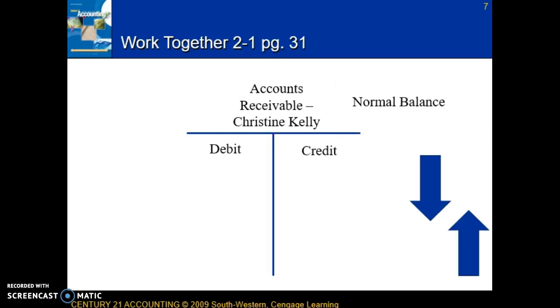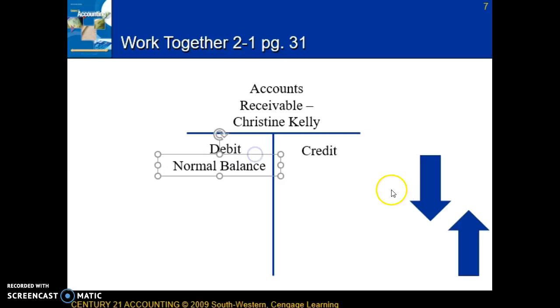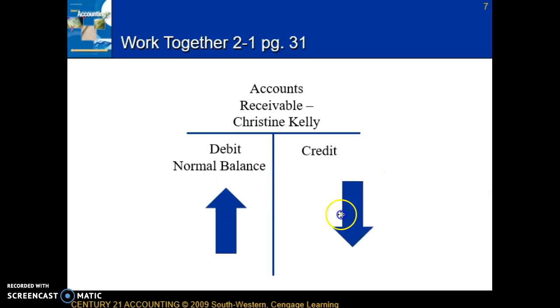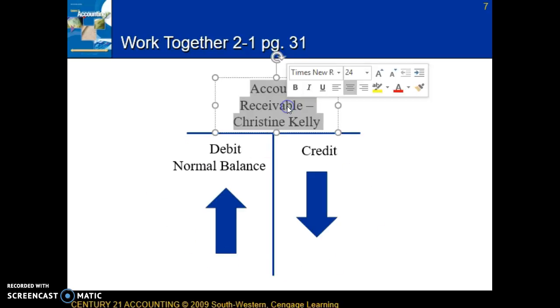Accounts receivable is an asset, and assets are increased with a debit. So write normal balance underneath your debit. Make sure you put debits and credits in the right place for all of these. It's increased with a debit, decreased with a credit. Now, supplies and prepaid insurance are also assets, so they're going to be the exact same, but you just need to change your account title on top of your T account.